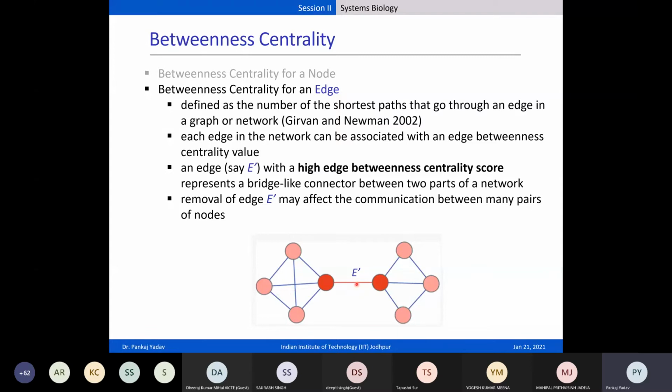There are mathematical formulas that have been provided to calculate betweenness centrality, and it was provided by Girvan and Newman in the form of an algorithm. The algorithm starts this way: you calculate the betweenness centrality score for each edge, then you remove the edge which has the highest betweenness centrality score, and then you recalculate this score for each of the remaining edges, and so on.